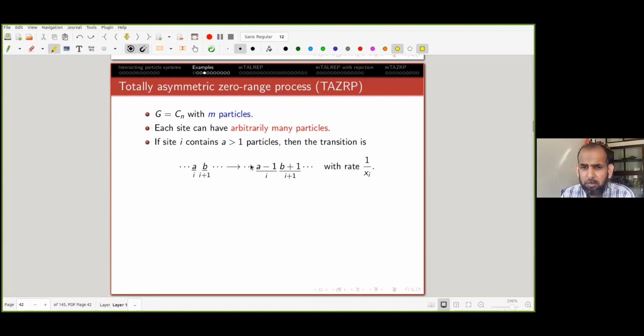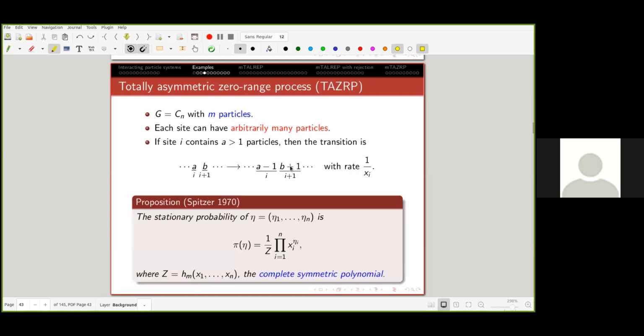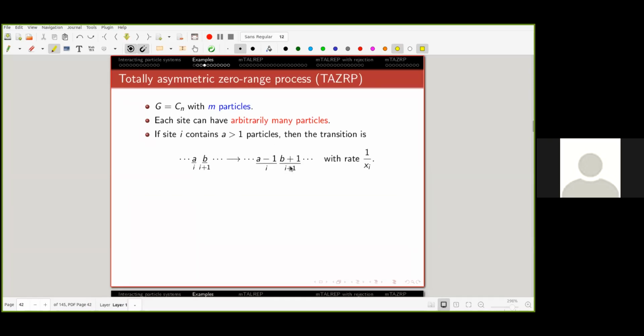And so it has one less particle, and the neighboring site has one more. Sorry, what's x_i? The x_i's are symbolic variables. It doesn't depend on a though, right? No. So in this model, it doesn't matter how many particles you have at the site. The rate is the same. Yes, this is a too simple zero range process. Yes, exactly.